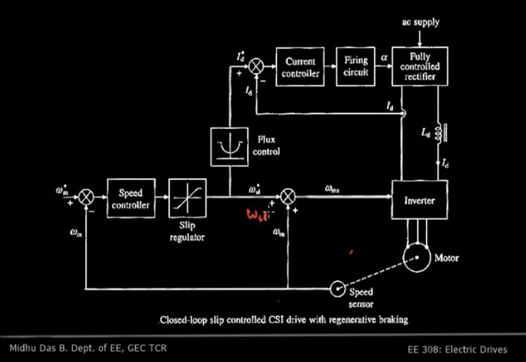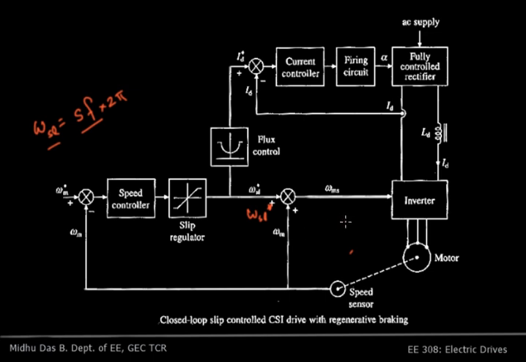This is omega SL star. What is omega SL? This is the slip frequency SF into 2 pi, which will give you the slip speed omega SL. So the synchronous speed is obtained by adding this slip speed along with the actual speed of the motor.